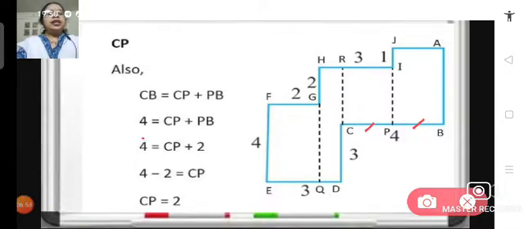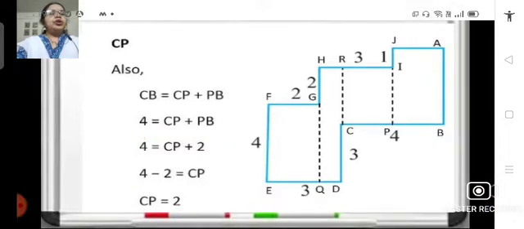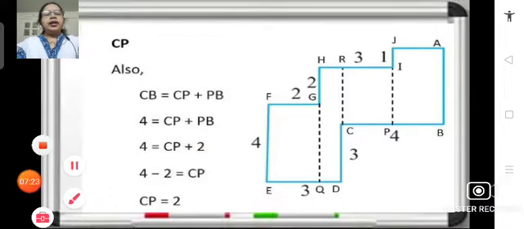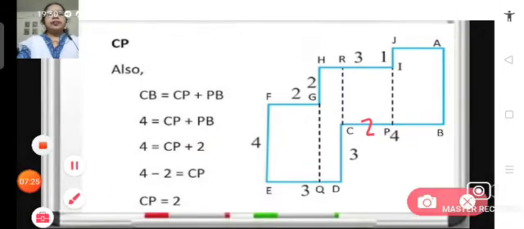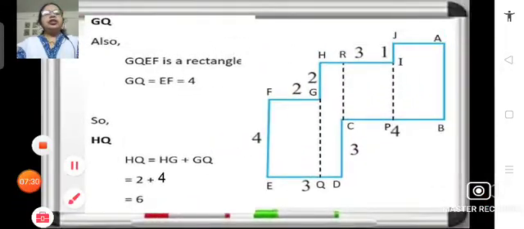So 4 is equal to CP plus PB. So we don't have CP, we have to find out CP, but we know PB is 2, this one will be 2 because this is 2. So CP will be equal to 4 minus 2, that means 2. So CP is 2 centimeters. Now let's find out GQ.